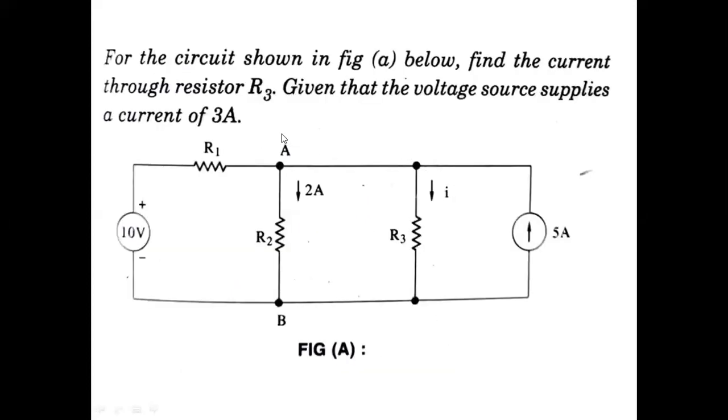Next problem. Find the current through R3, given the voltage source supplies a current of 3 amperes.